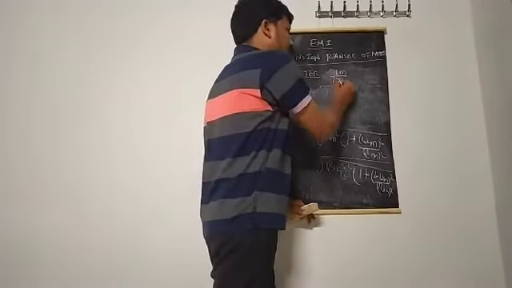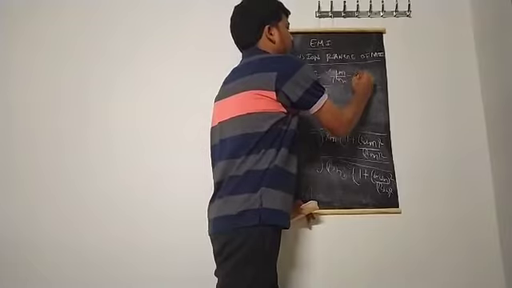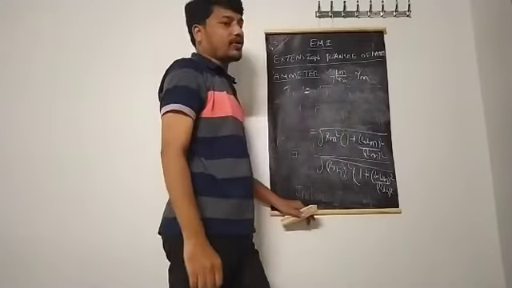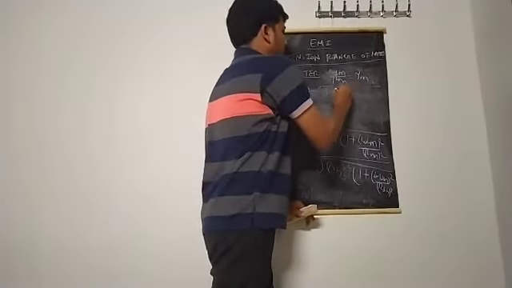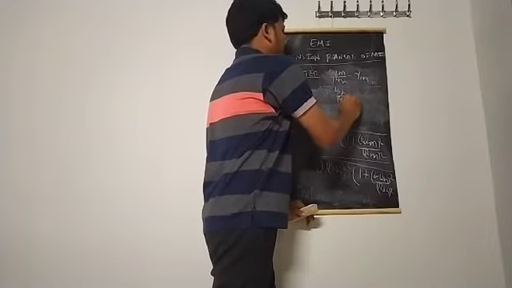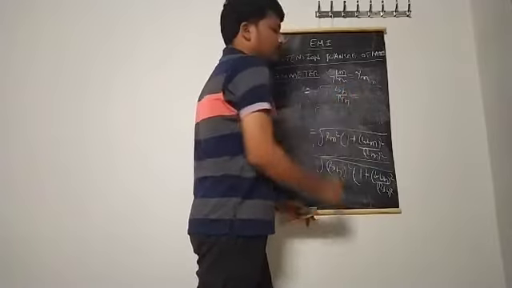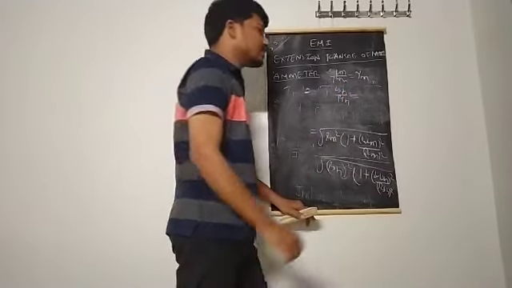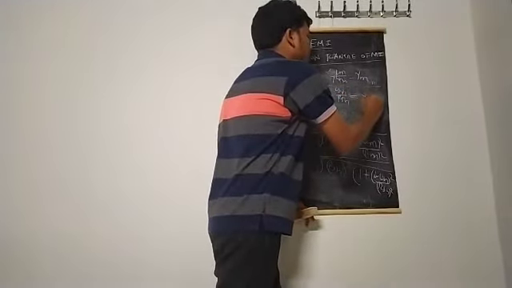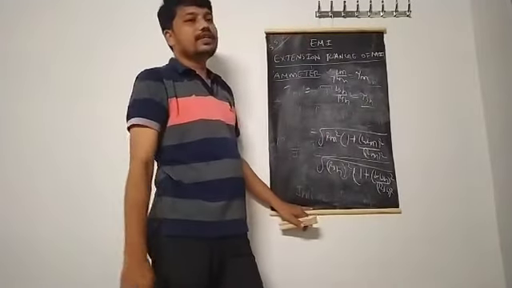Which time constant? Lm by Rm, that is the meter time constant, tau m. And similarly LSH by RSH is also a time constant. Which time constant? That is the shunt time constant.